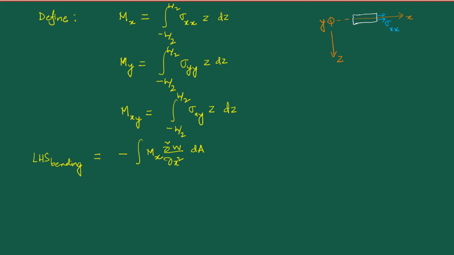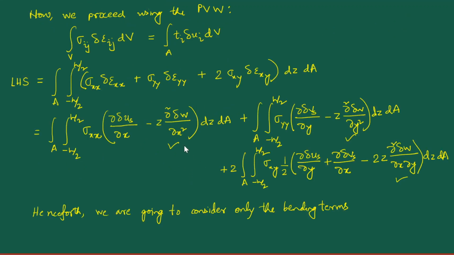Please note that I have also implicitly used the fact that this term here, del square delta w del x square, is independent of z, because this w is a pure function of only x and y. Similarly, this term is a constant with respect to z, and similarly this w, this term here also is independent of z. So we are taking these terms out of the integration with respect to z.